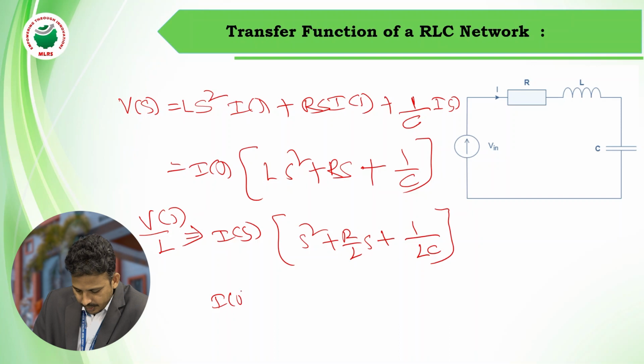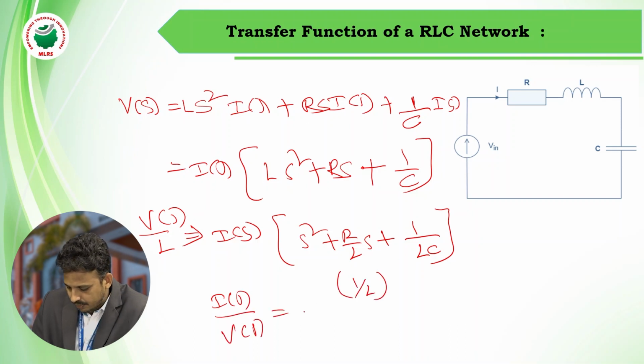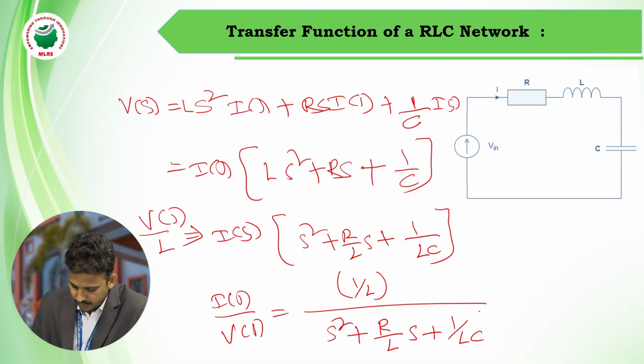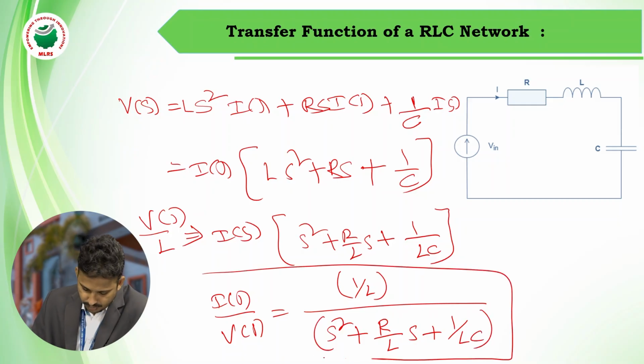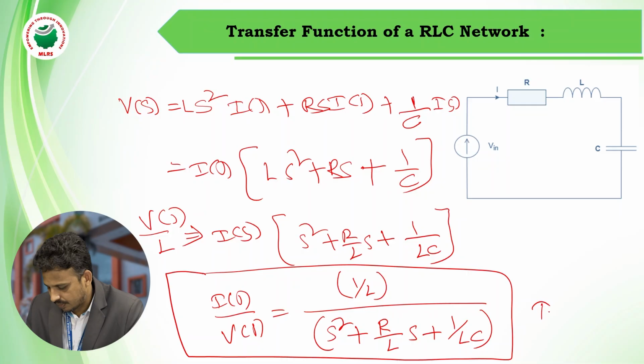So the output I of s by V of s is equal to 1 by L upon s square plus R by L s plus 1 by LC. So this is the transfer function model.